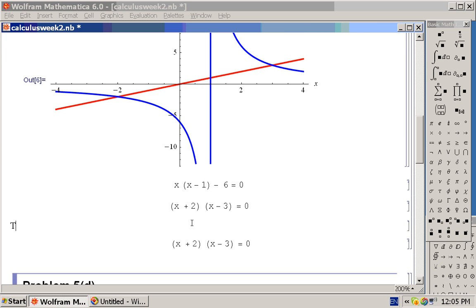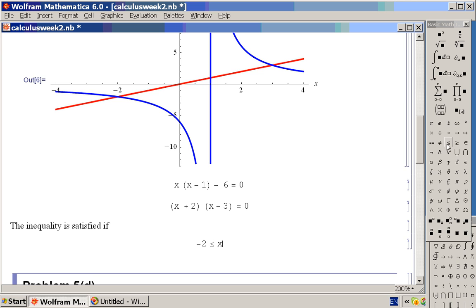The inequality is satisfied if, and now we can write, -2 is less than or equal to x is less than 1, and x is greater than or equal to 3.